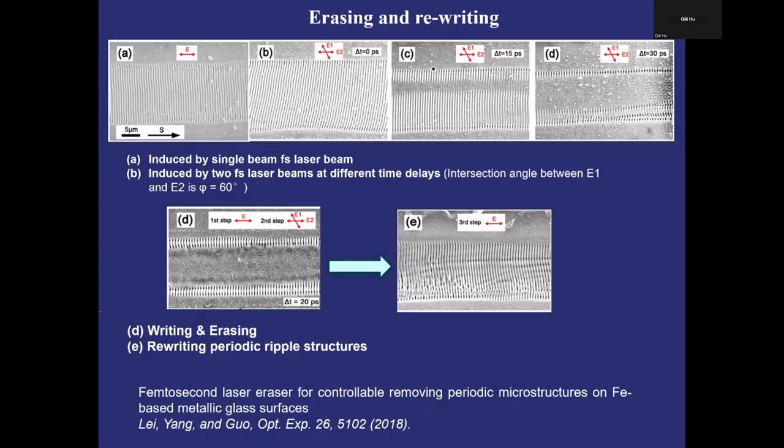Another thing is, today the mature technologies for material patterning are lithography: optical, deep UV, E-beam lithography, ion beam lithography. But what's the problem? It's very expensive.